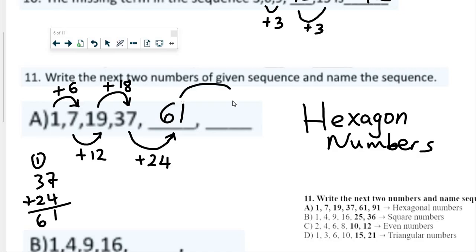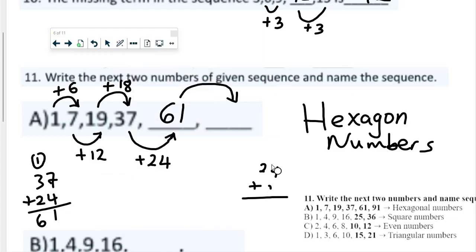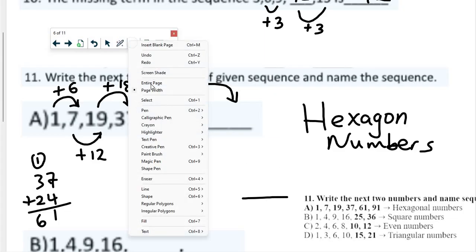To move from 61 to the next number, take this 24 and add 6. What is 24 plus 6?